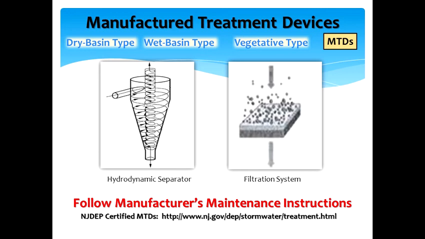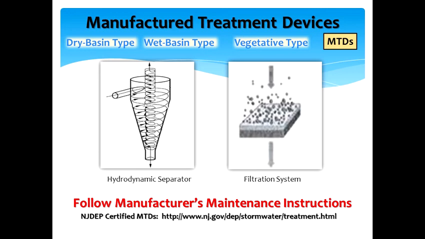13 MTDs are currently certified for use in New Jersey under specific limitations and conditions. Some of the MTDs work like a centrifuge, using cyclone action to separate heavy solids from the runoff and are called hydrodynamic separators. Some of the MTDs use filter media or other treatment media to intercept and remove pollutants.